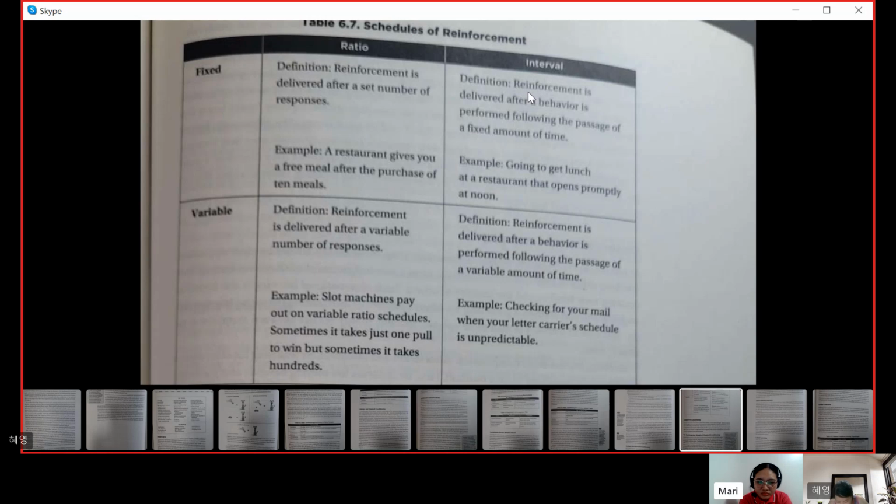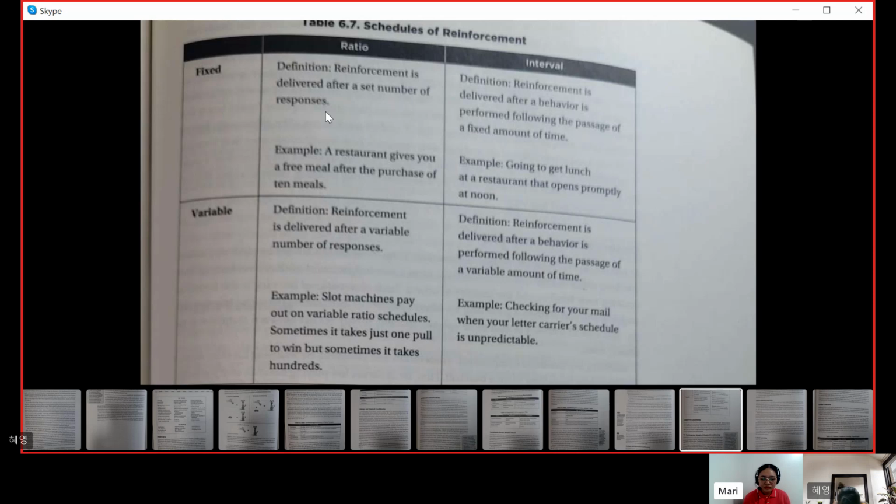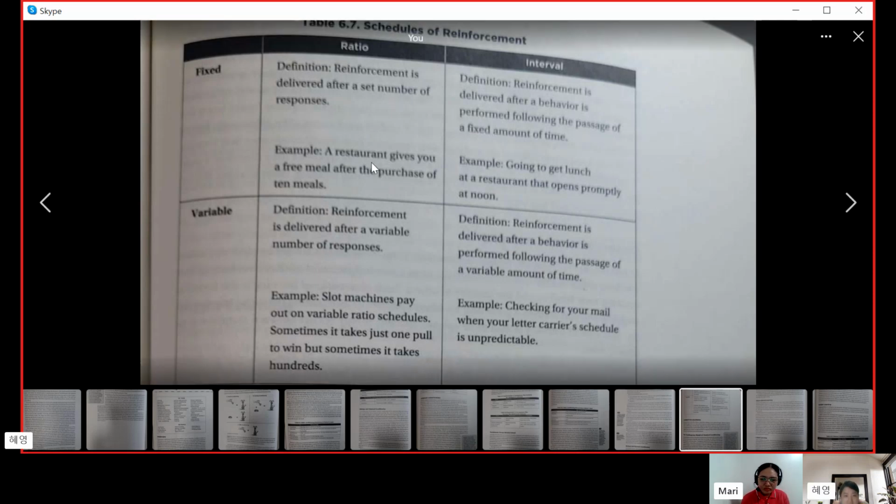So, ratio: the definition is reinforcement is delivered after a set number of responses. Example, a restaurant gives you a free meal after the purchase of 10 meals.